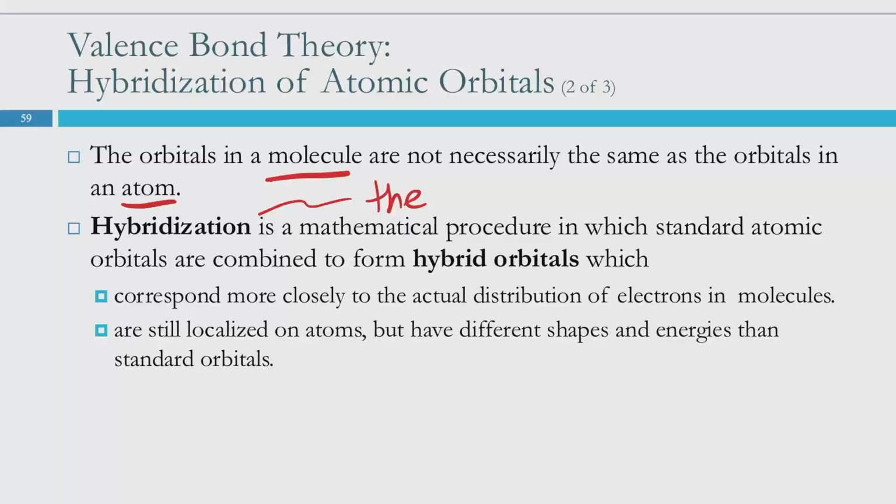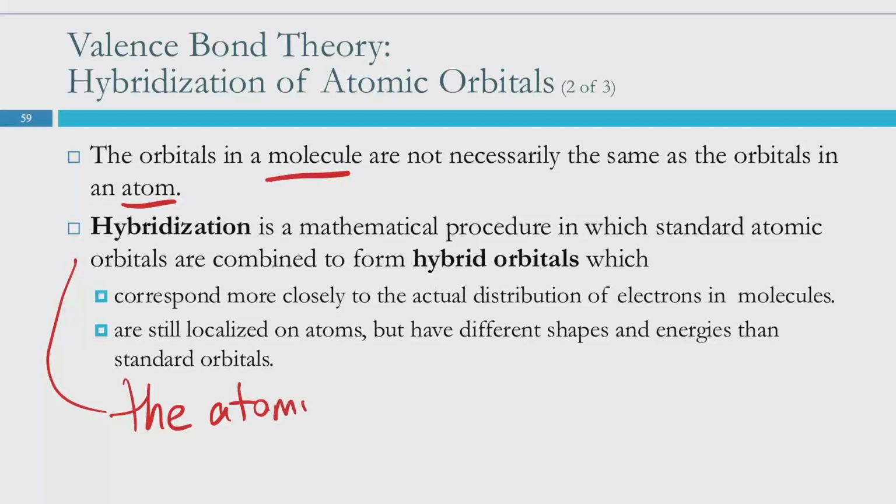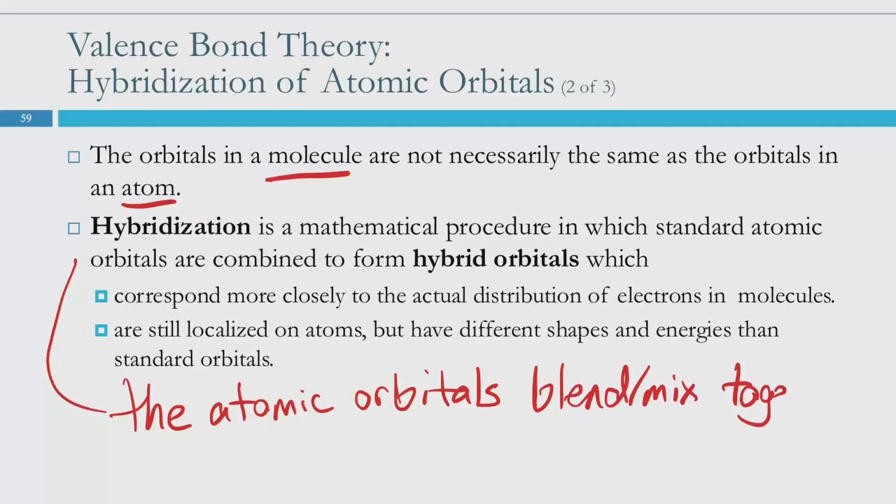The atomic orbitals blend or mix together. So rather than having separate distinct sets of s and p orbitals, we get a mishmash. They all combine together.